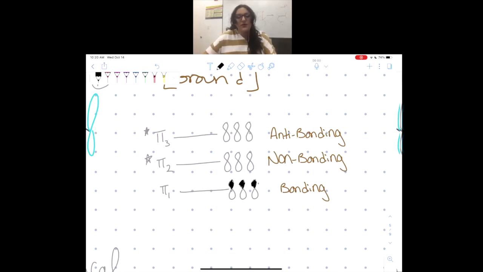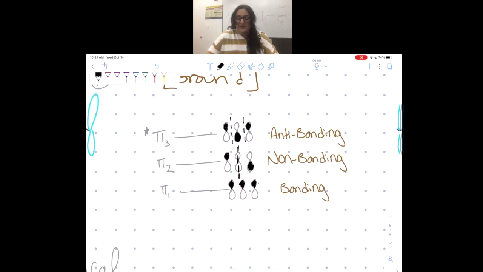But the important thing to note here is that the node will actually go right here in the orbital. So it's almost like this orbital disappears. So we have up and down. And then in the third energy level, we have 2 nodes. So we have a flip between each orbital.